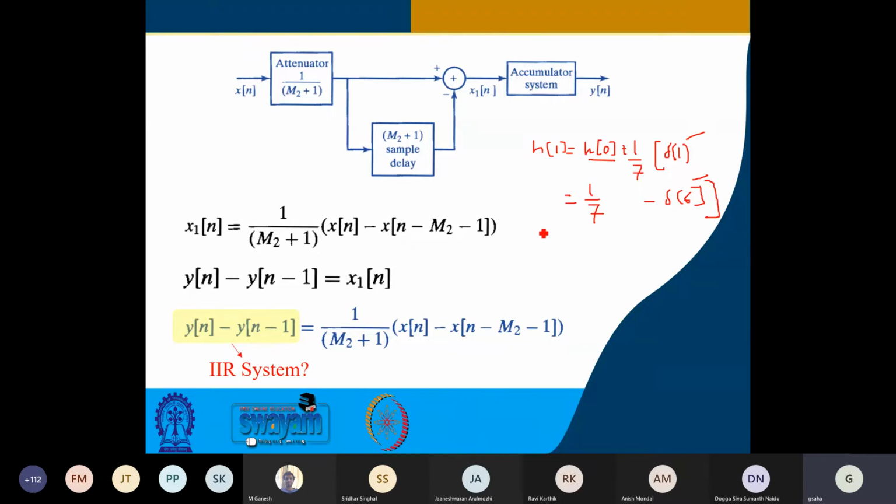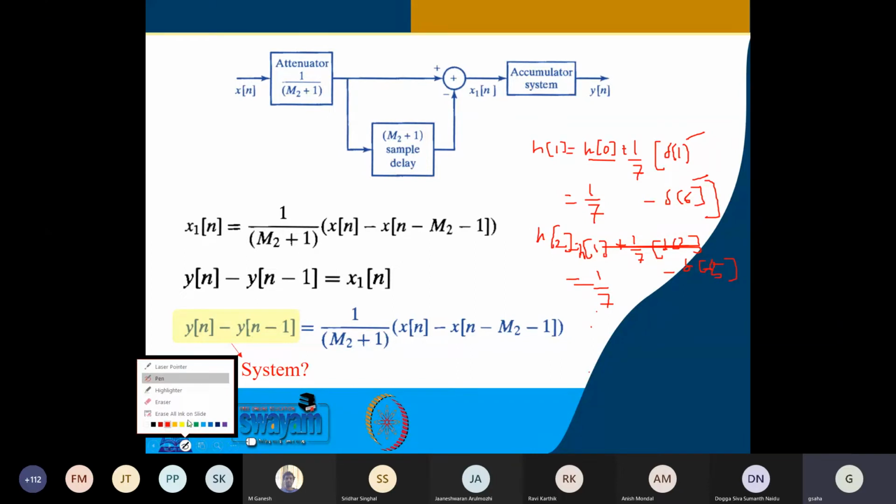For h2, it will be h1 plus 1 upon 7. This is your del 2 minus del, because now it is 2 minus 7, so sorry, del minus 5. So both are 0, so it will be 1 upon 7 only. So this way it will continue.